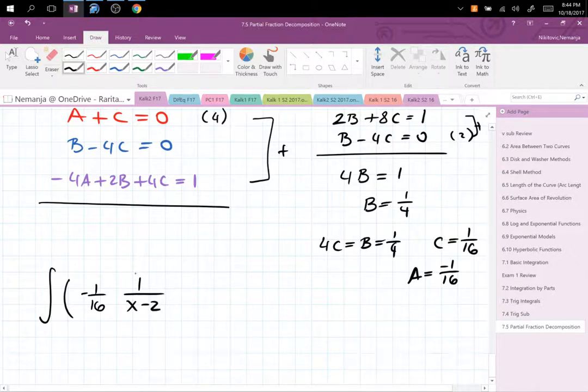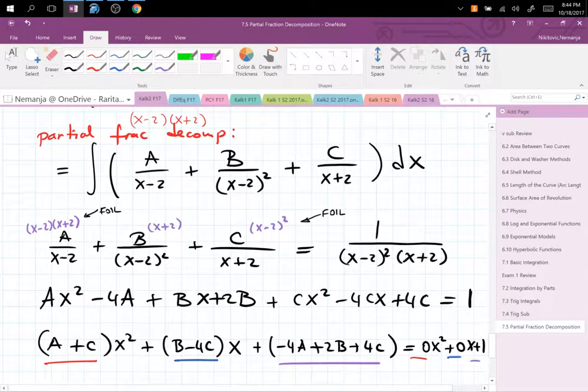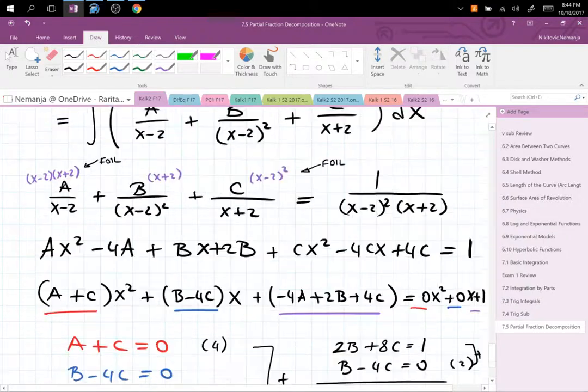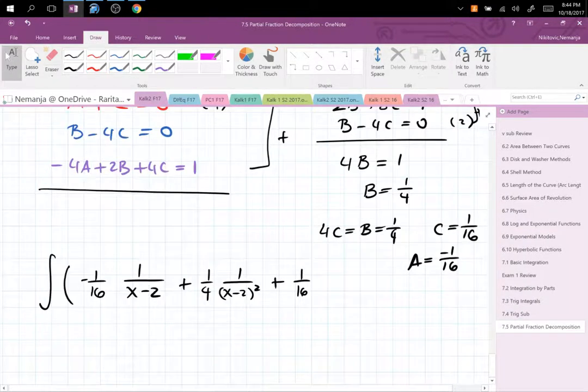I'm not going to put the fraction on top, just leave it this way. Plus b is 1/4, and we have 1 over x minus 2 squared, plus c, 1 over 16, x plus 2. There we go.